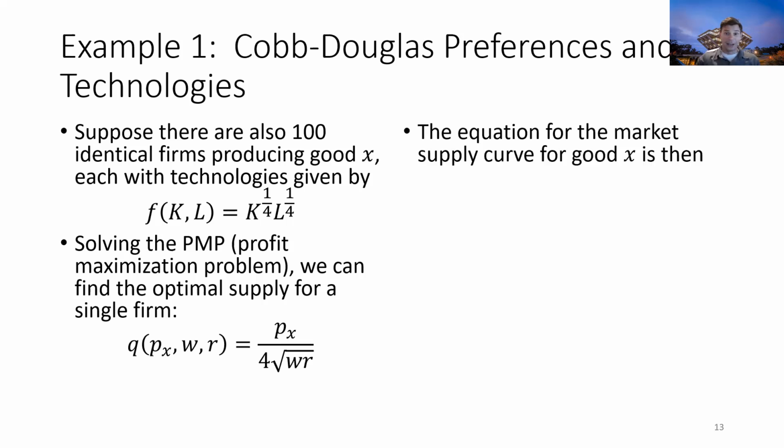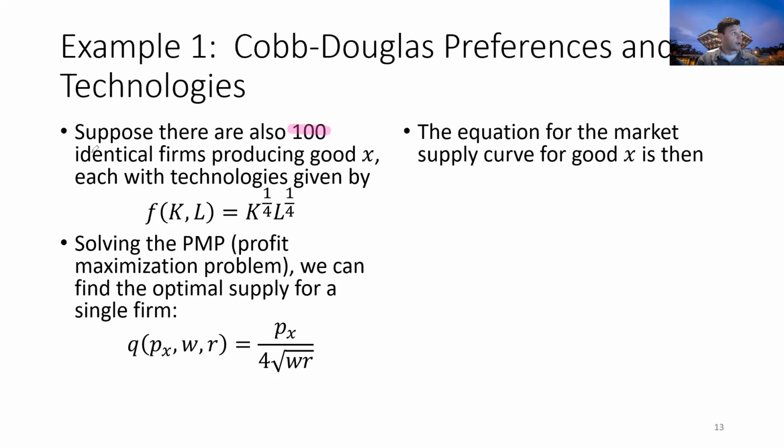Okay, if we want to aggregate and consider the full market supply, then we have to take the supply for one firm and do what to it? Yeah, that's right.